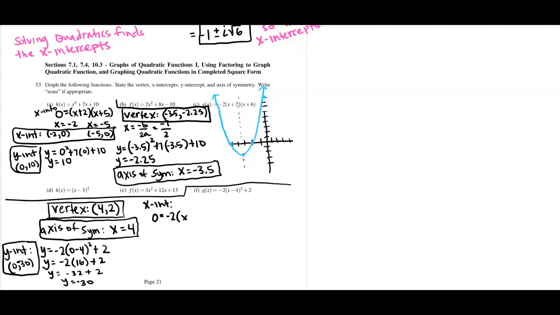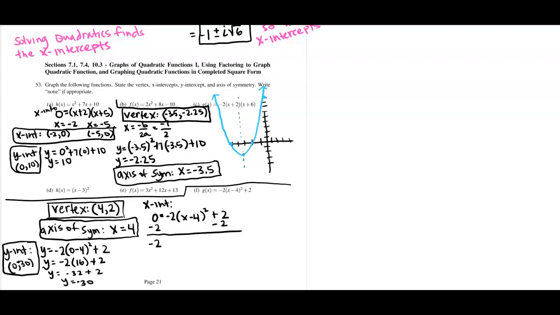Thank you. So we'll have x, so 0 equals negative 2 times x minus 4 all squared plus 2. All right. So remember, when we're trying to solve this, the first thing we need to do is get that squared part by itself. So I'm going to start by subtracting my 2 over to the other side of the equation.